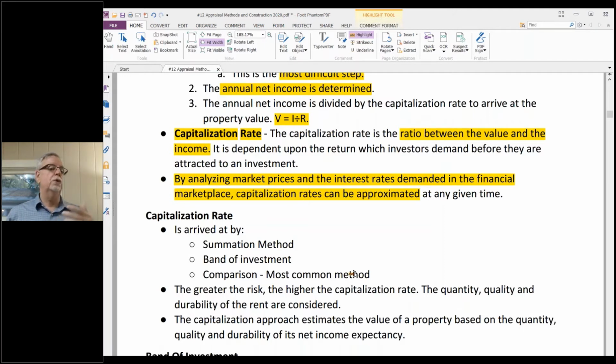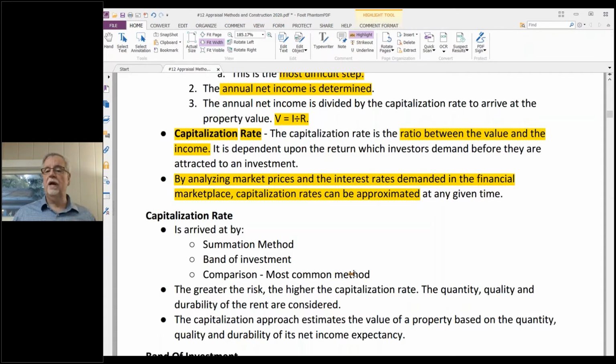In other words, we're using market data to determine what the cap rate is in an area by looking at sales prices of similar properties and then looking at their net income. If we know their net income and we know what they actually sold for, we know what capitalization rate the market gave on that transaction. And if we're looking at enough of these, we get an idea.